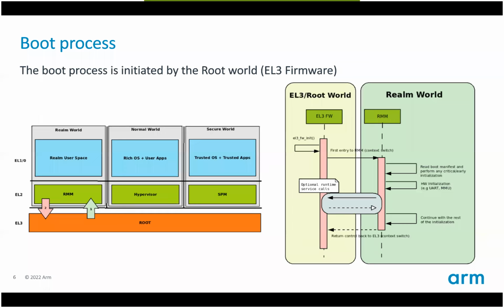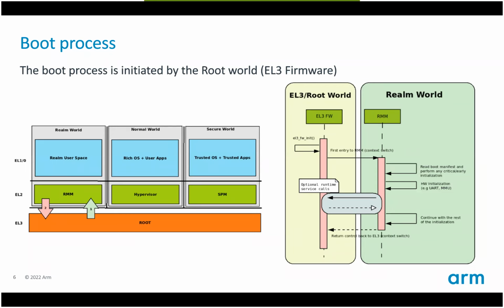So the boot process is actually relatively simple. It is always initiated by the root world, in this case by EL3 firmware. What happens is that EL3 firmware initializes itself, and then it jumps into RMM by performing a context switch.